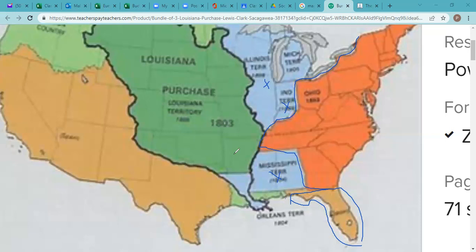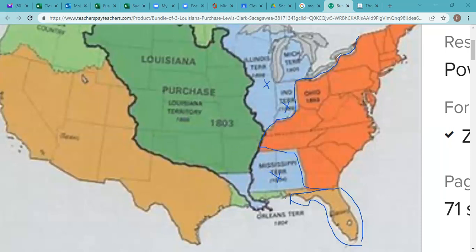Did they make a lot of money off of this area? Maybe, maybe not. I don't think they really did, because they gave up this whole area of land when the United States and Thomas Jefferson said, let me buy it off of you. So France said, okay, you can buy it.